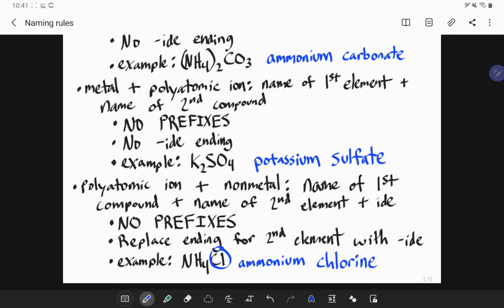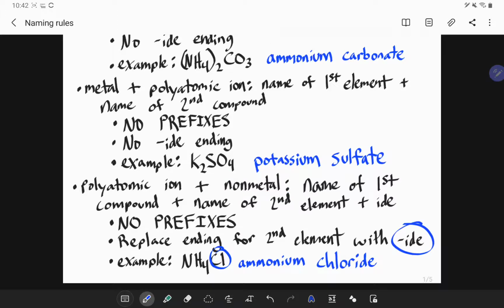So let's take off this ending, INE, delete that and replace it with IDE. Anytime the second element ends in a nonmetal, we are going to replace the ending with IDE.